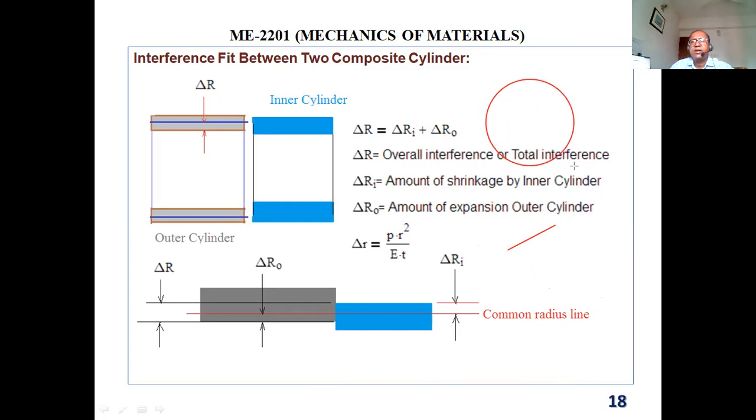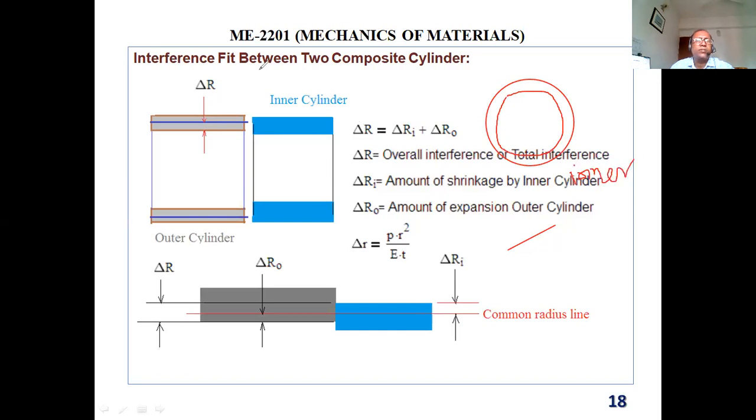Say this is my inner cylinder. Obviously it has an inner radius. So this is the inner pipe or cylinder.